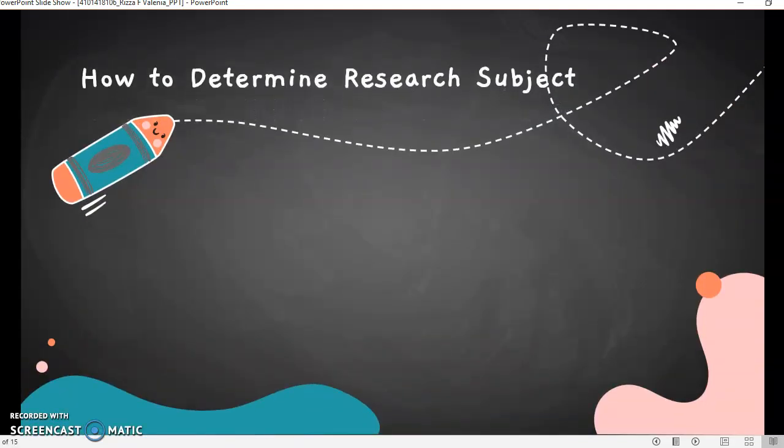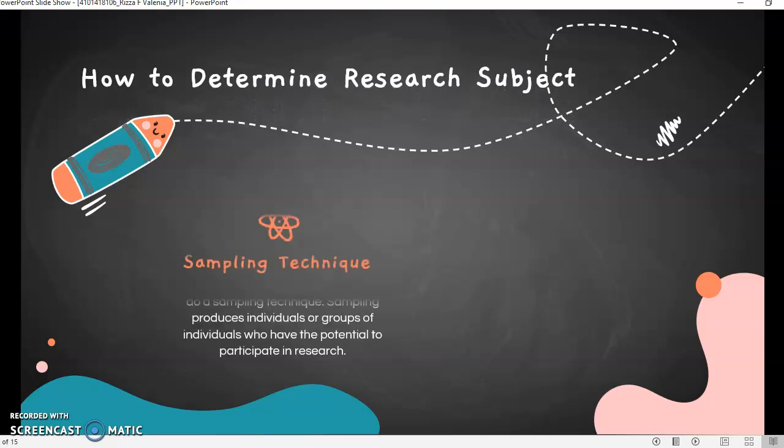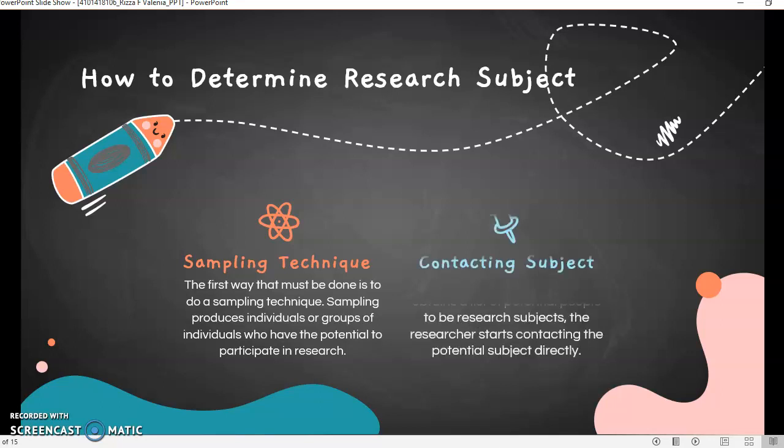And then how to determine research subject? There are two kinds. The first way that must be done is to do a sampling technique. Sampling produces individuals or group of individuals who have the potential to participate in research.